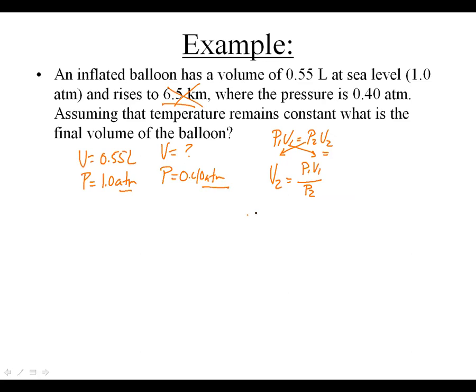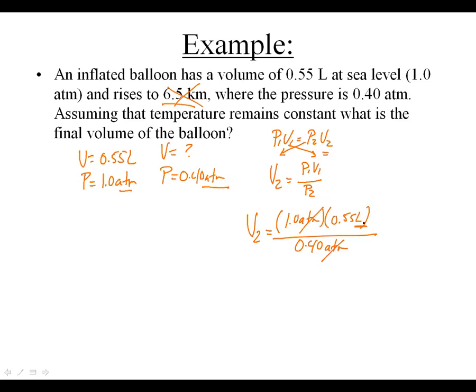So V2 would equal our P1, which is 1 atmosphere, our V1, which is 0.55 liters, divided by our P2, which is 0.4 atmospheres. Again, the atmospheres are going to cancel. It's going to leave us the volume in the units of liters.